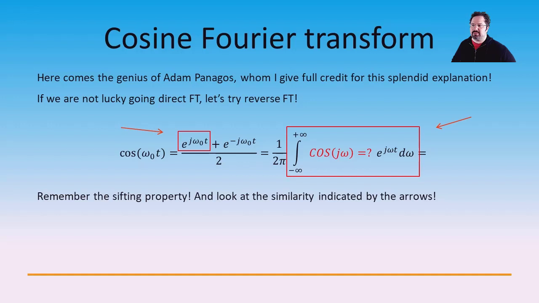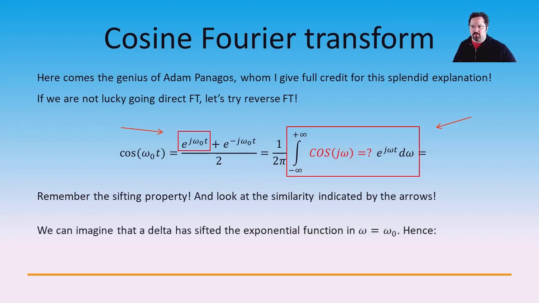You can see the two boxes, and you can have the idea that e^(jω0 t) is a sample of the function e^(jωt) sampled in ω0.